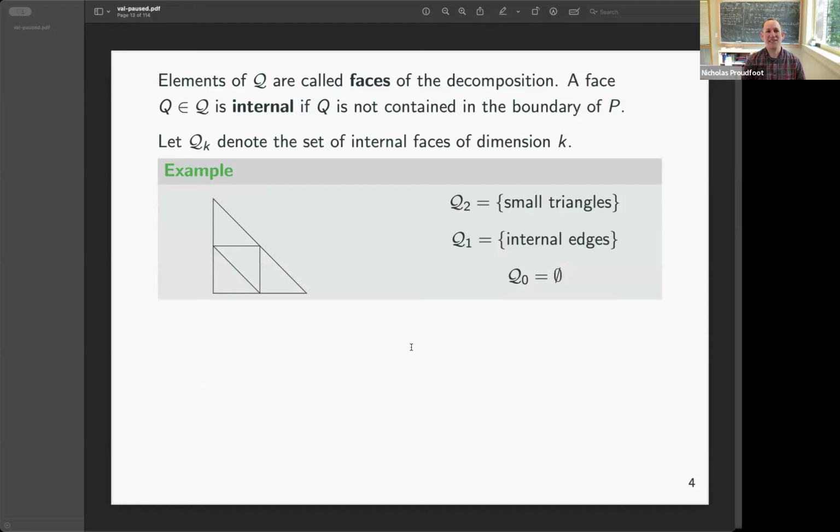Elements of this Q are called faces, and a face is internal if it's not contained in the boundary. So here, there are a bunch of non-internal faces, like the exterior edges and all of the vertices. The internal faces are the 4 small triangles and the 3 internal edges. There are no internal vertices in this picture.